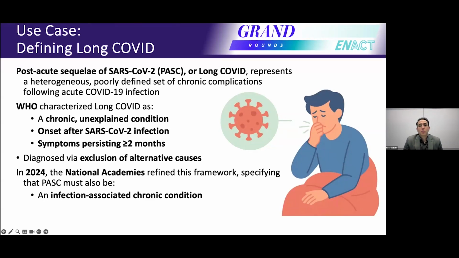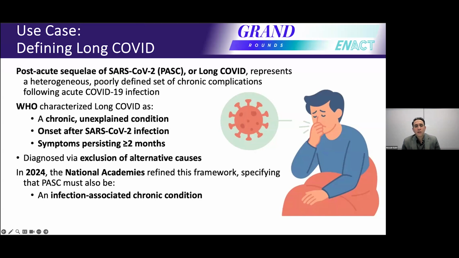The definition, according to the World Health Organization, is that long COVID is a condition that emerges after a COVID infection, persists for at least 2 months, and here's the tricky part, cannot be explained by anything else. In other words, it's basically a diagnosis of exclusion. We know it not by what we find, but by what we rule out.